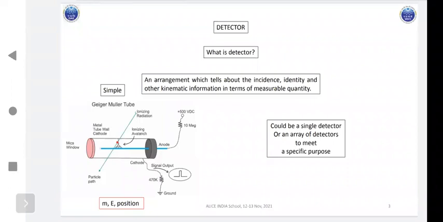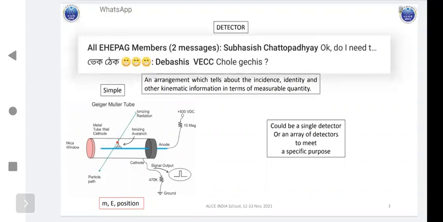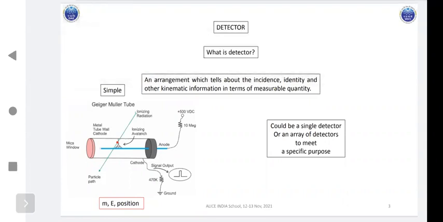This detector can be very simple or it can be very complex. The simplest possible detector that I can think of is the schematic I have shown on the left side. This is most probably your MSc-time lab experiment. You might have experienced this kind of experiment in your lab.